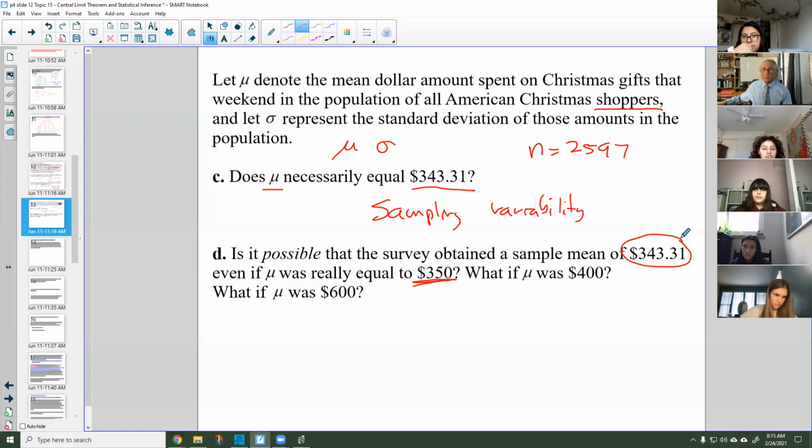If the average for the population overall is 350, can we get a sample mean from our 2597 respondents of 343.31? Susie, what do you say? I think you should say yeah without the question mark. Yeah, sure. Why not? But Susie, what about if mu was 400? Could we then have gotten a sample mean of 343.31?